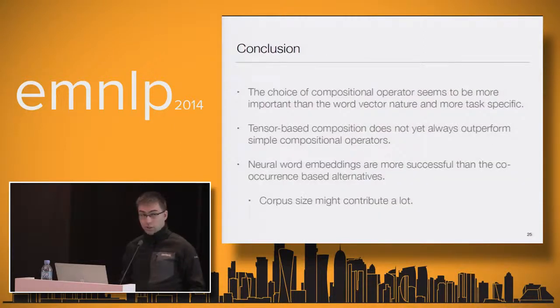So, to conclude, and I think that's quite important for the compositional community, it's much more important to think about how you compose things as opposed to what you're actually composing.